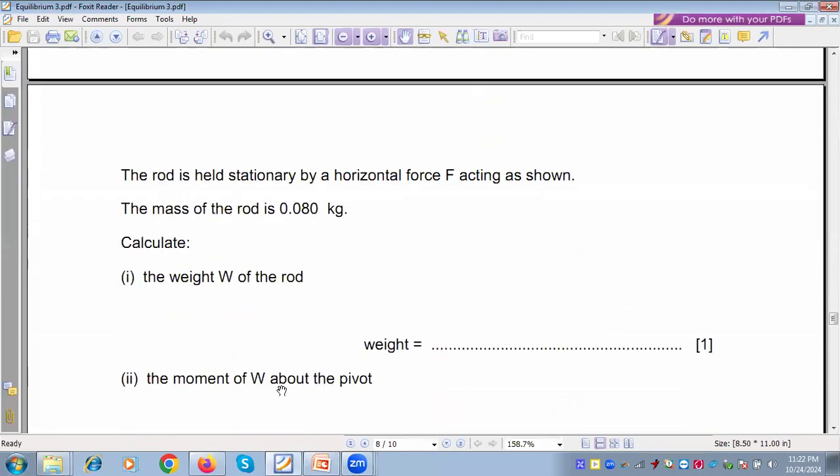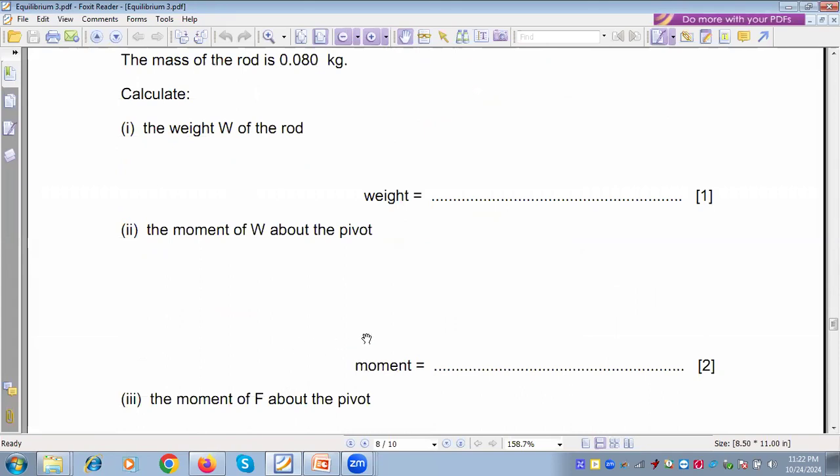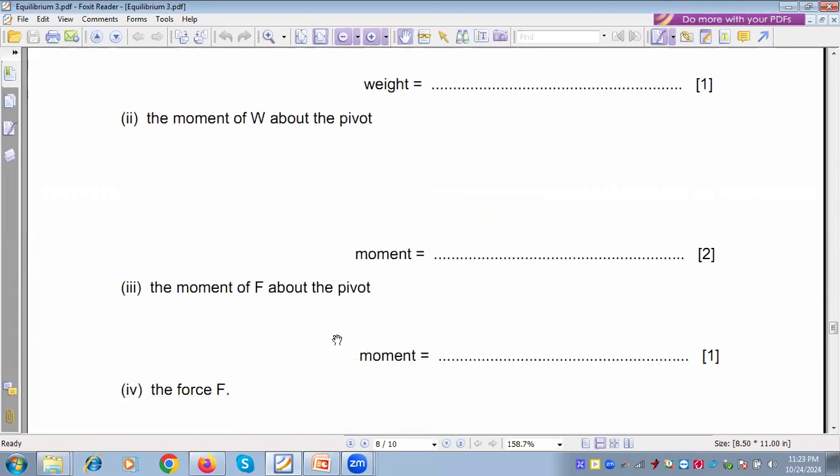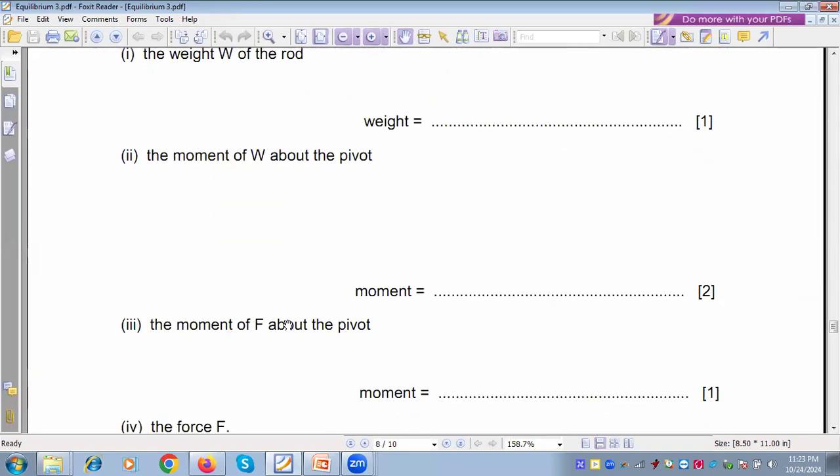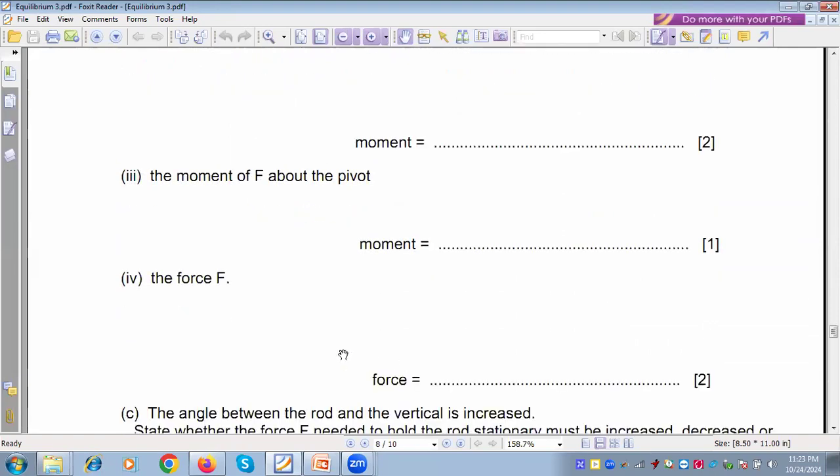Now the moment of W about the pivot is worked out: 0.2 Newton meter or 0.196 Newton meter. The moment of F about the pivot will be the same as the moment of W because this is in equilibrium. So the moment of F is also 0.2 or 0.196 Newton meter.